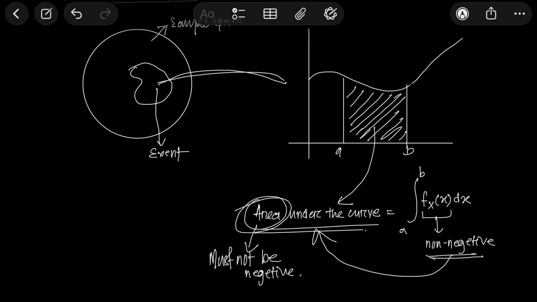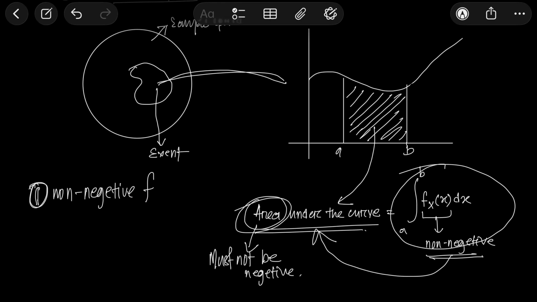So you must remember these 3 points for when you use this formula. The first point is that the function must be non-negative. The second is that you must integrate f of x.